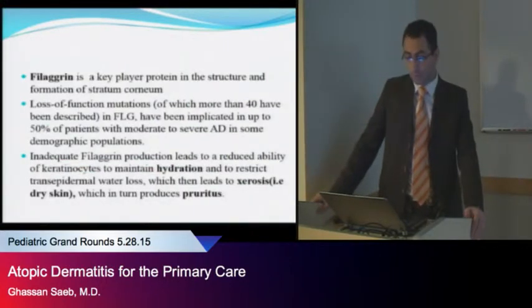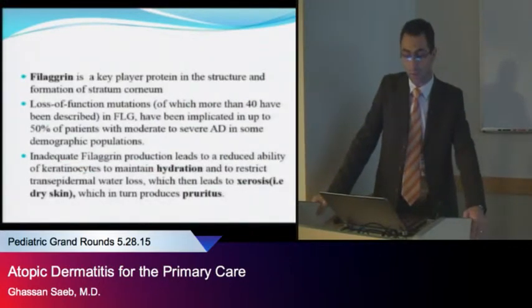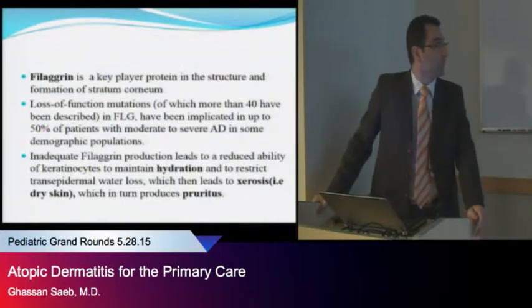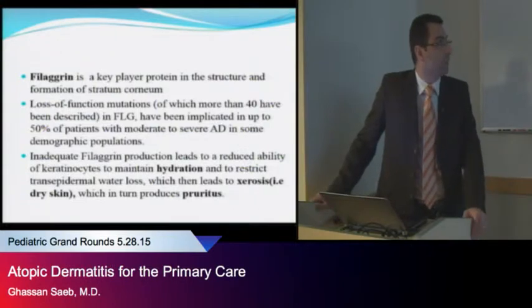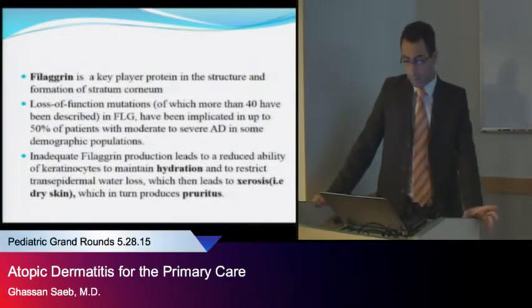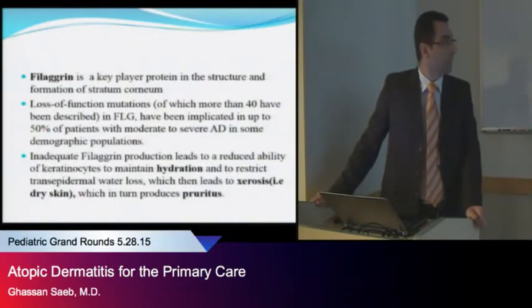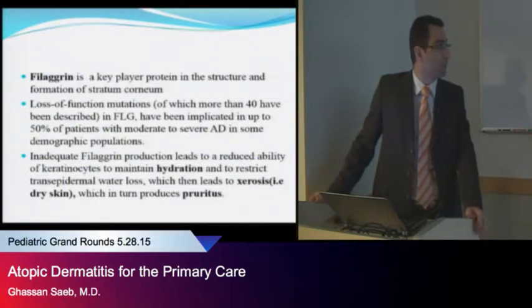Filaggrin is a key protein in the structure and formation of the stratum corneum. They found that loss of function mutation in the filaggrin gene, the FLG gene, causes defective filaggrin protein. This was found in 50% of patients with moderate to severe atopic dermatitis in some demographic populations.